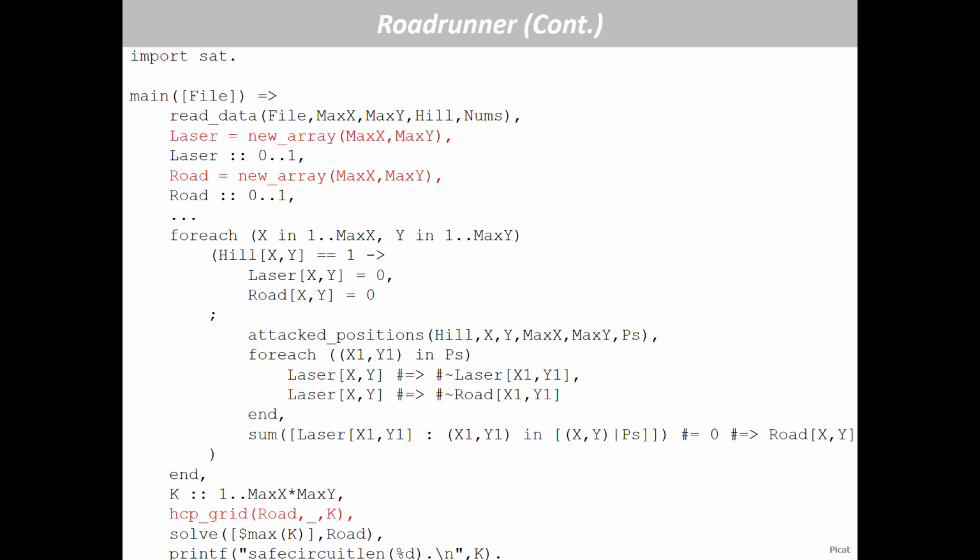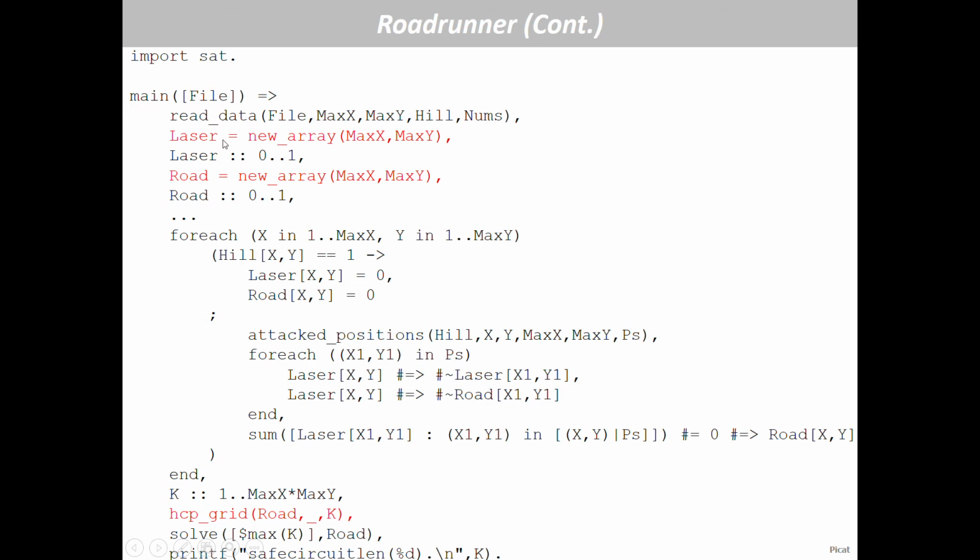Here's a program for the problem. It first reads data into this matrix, which indicates where hill cells are, and also the hint numbers.